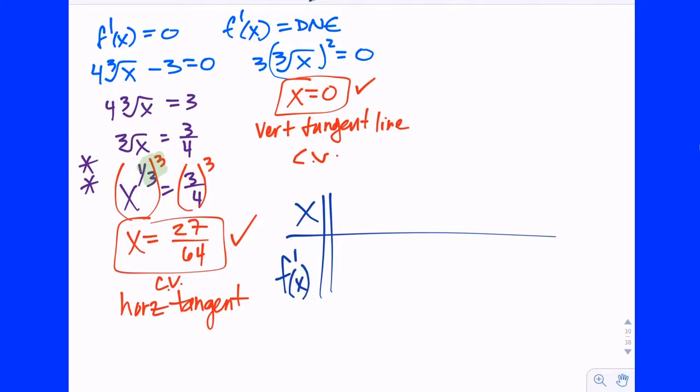So we got x and f prime, and I've got 0 here, and I've got 27/64 right there. Now I got to choose values from the interval. So to the left of 0, like -1, to the right of 27/64, I think 1's going to be great. How do you choose a number that's smaller than 27/64?